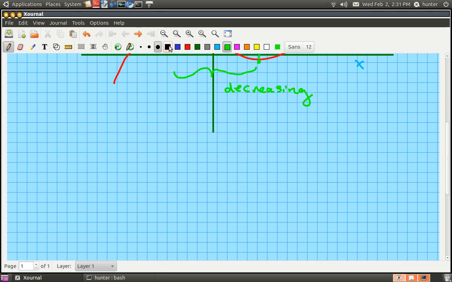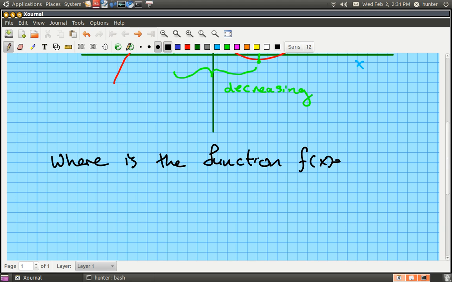So what is the question? The question is, where is the function f of x equals x squared increasing?